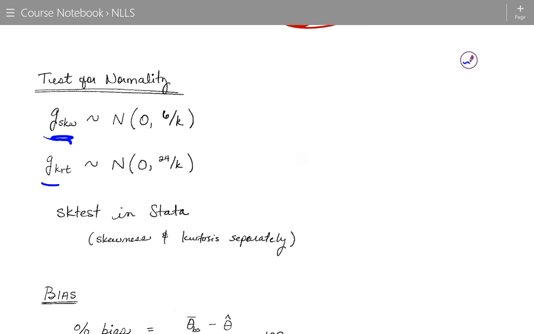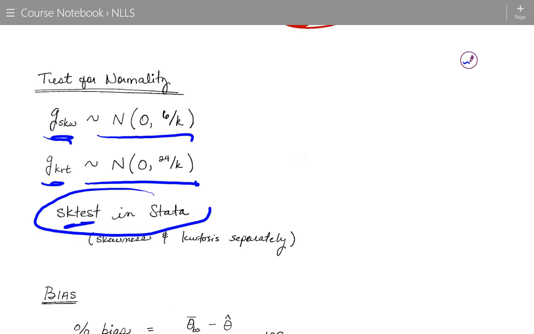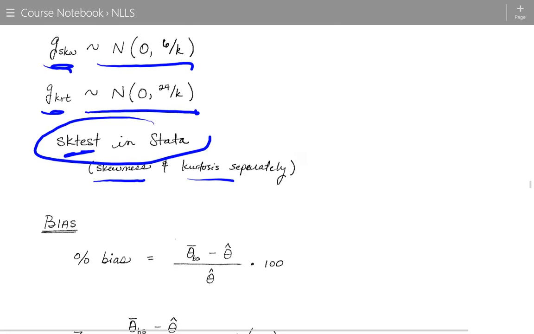And these two statistics will have this distribution: normal 0, 6 over k, and normal 0, 24 over k. Or an easier way to do it is just simply use the SK test in Stata, and that will give you a skewness and kurtosis test separately, as well as the joint test of the two for overall normality. So that would be a way of testing normality.